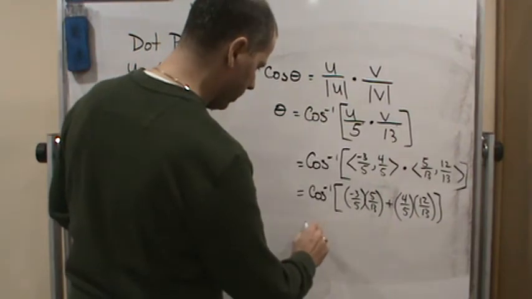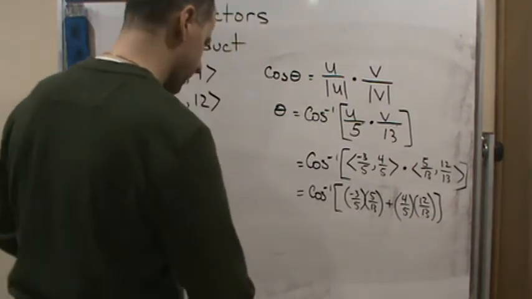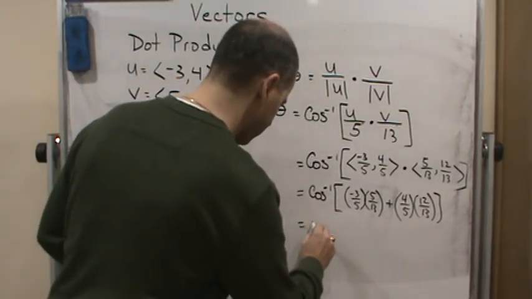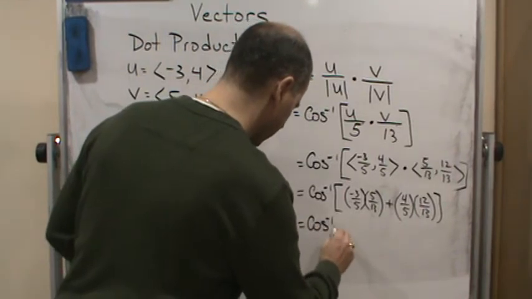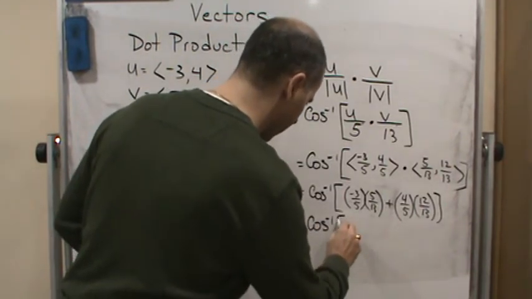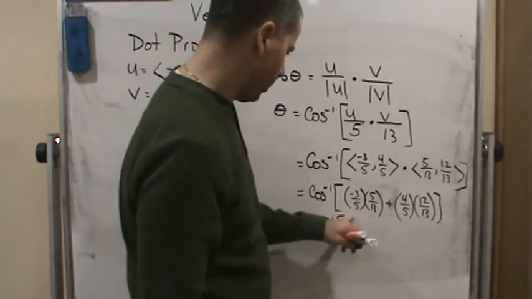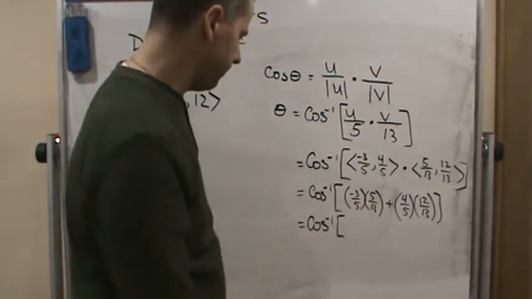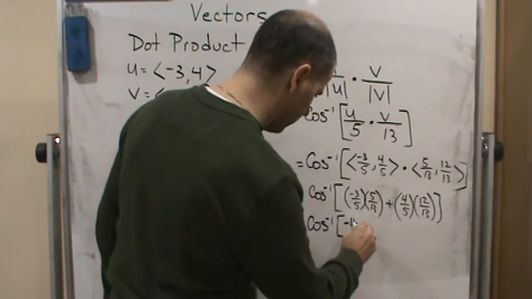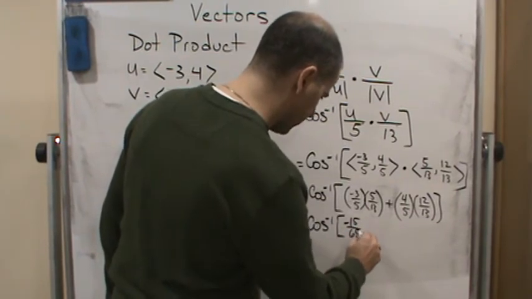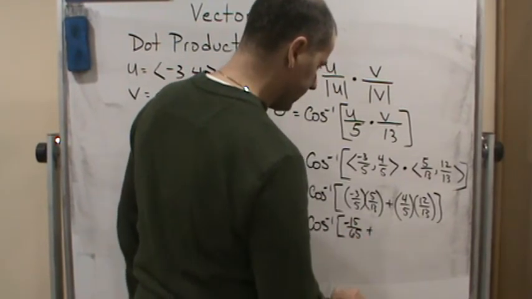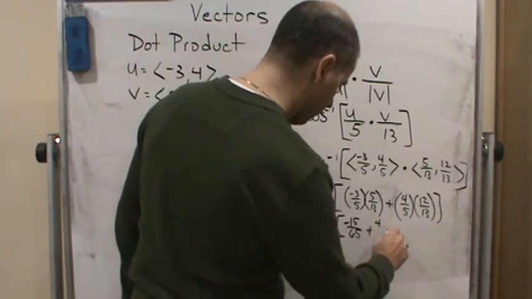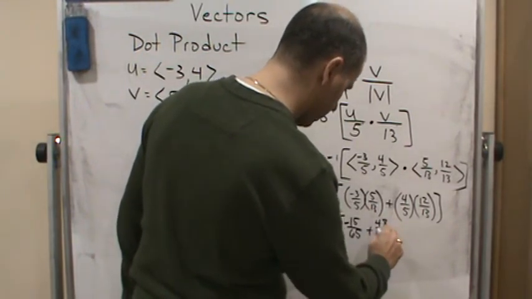And now we can simplify this. The common denominator is 65. So it's going to be inverse cosine of -15 over 65 plus 48 over 65.